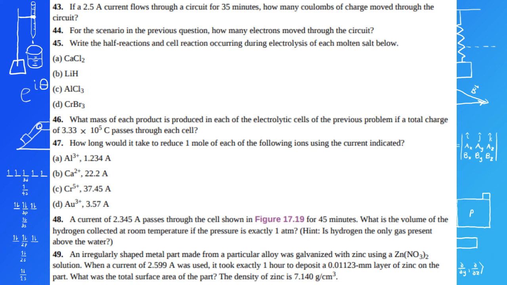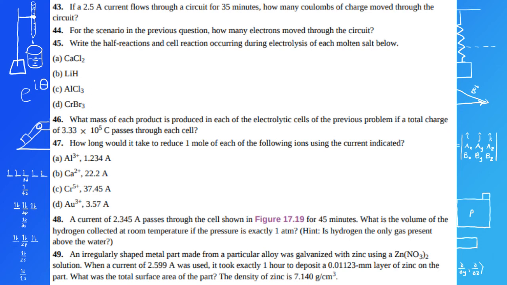Okay, that's a bit more advanced than what we usually see for electrolysis problems. So this problem is talking about one of the applications of electrolysis, which is called electroplating.